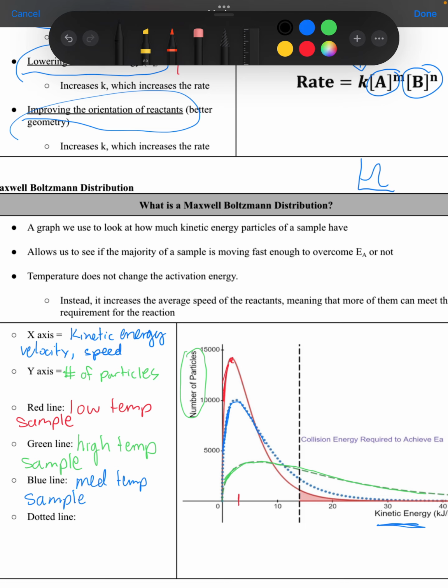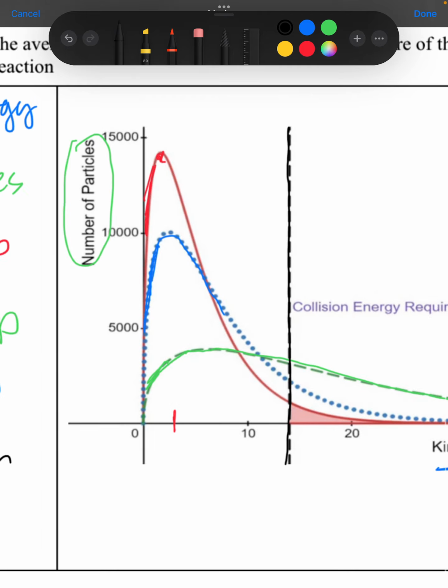Right? Our dotted line that's moving vertically in the middle here, that's actually labeled helpfully for you on this graph, is actually our activation energy. All right? So if we analyze this graph really quickly, we notice that with our red sample here, most of those molecules are not moving with enough kinetic energy to bypass this line.